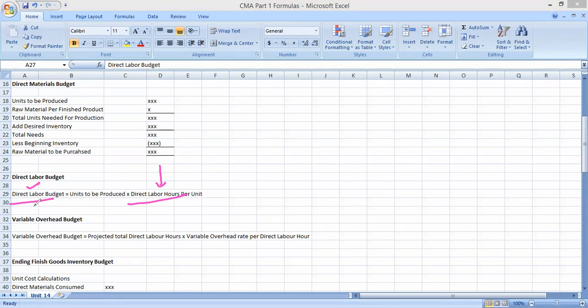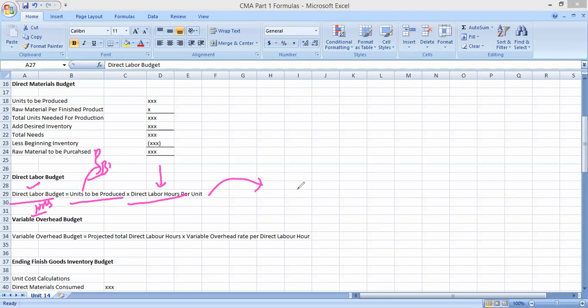In the first step, we are just calculating how many hours we are going to spend. So units to be produced, which will come from the production budget, and direct labor hours per unit, like for one unit how many hours you are going to spend. It will give you the total direct labor budget in hours. This is in hours, correct?